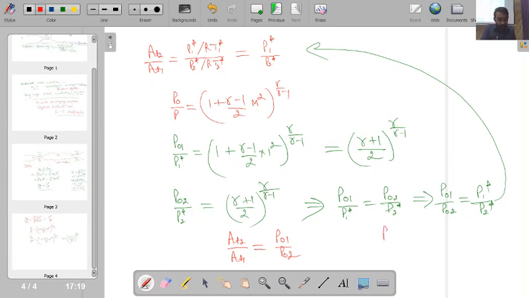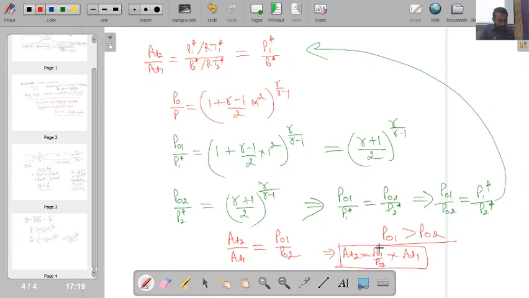So ultimately P01 has to be greater than P02, only then will the flow be from left to right. So this is the reason that ultimately my A2 is becoming P01 by P02 multiplied with A1.